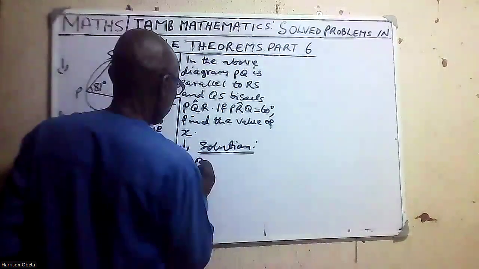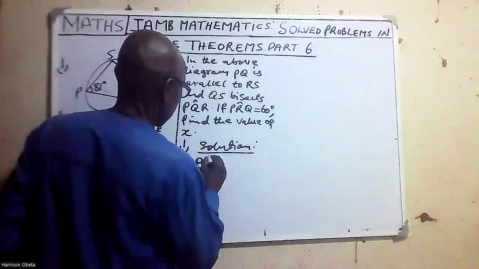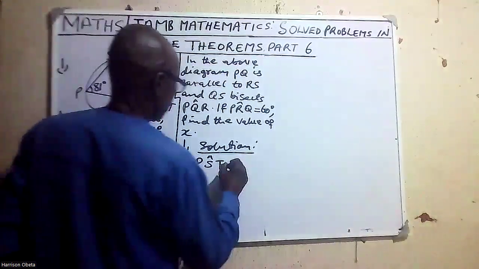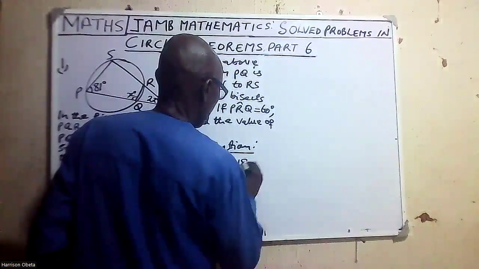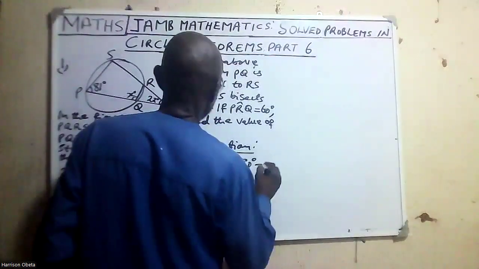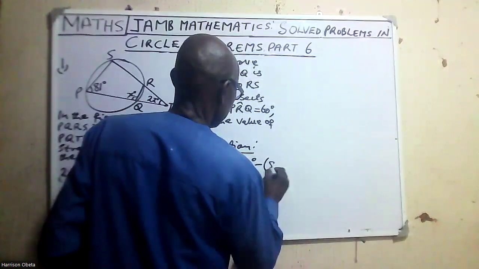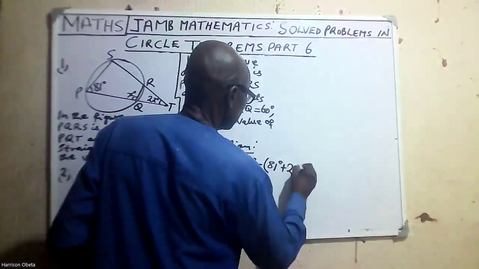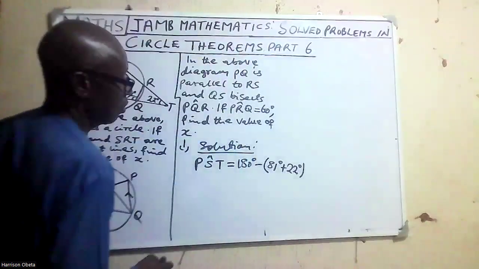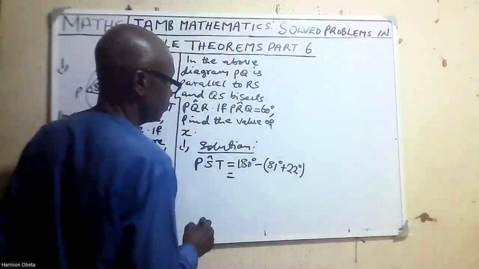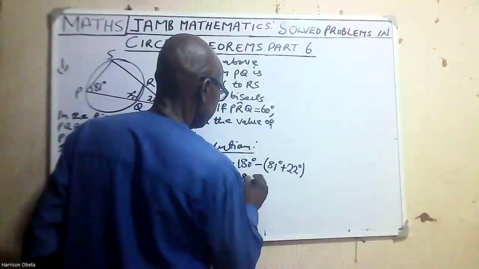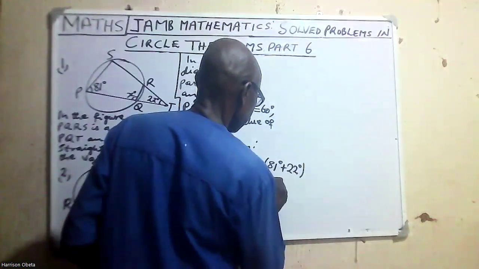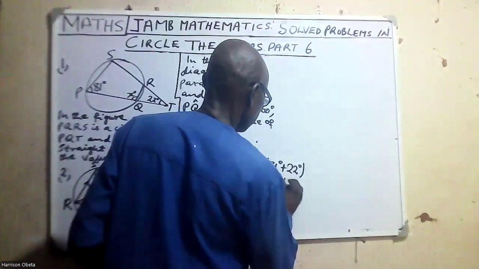So PST should be equal to 180 degrees minus 81 plus 22 degrees. And that will give us 180 minus, if you add it, that will give us 103 degrees.